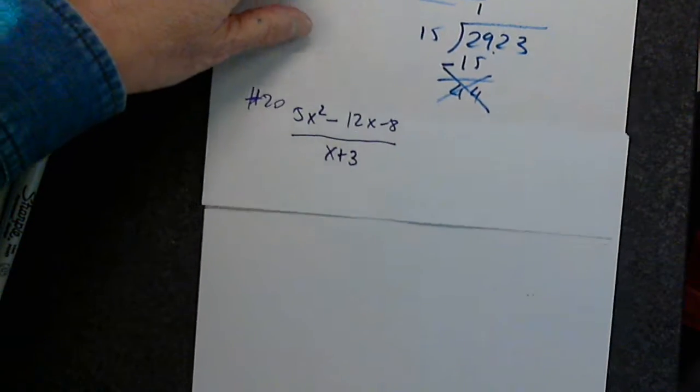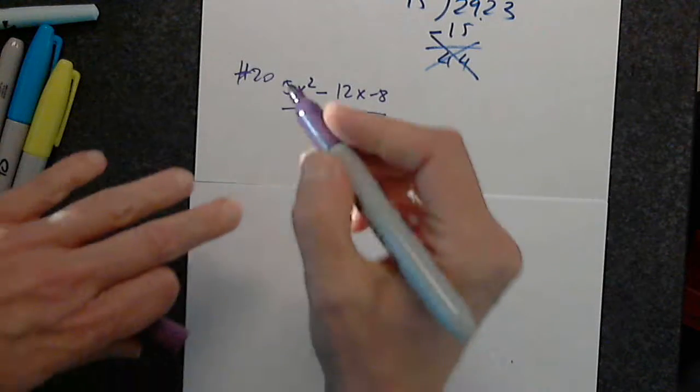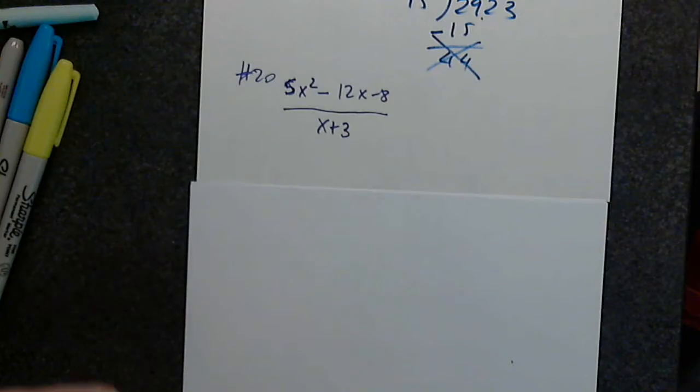Okay, so now I'm going to ask the following question. The first number is 5. 5x squared minus 12x minus 8 divided by x plus 3. Ready? Okay, so are these two polynomials in descending order? Yeah. Okay, can I use synthetic division?